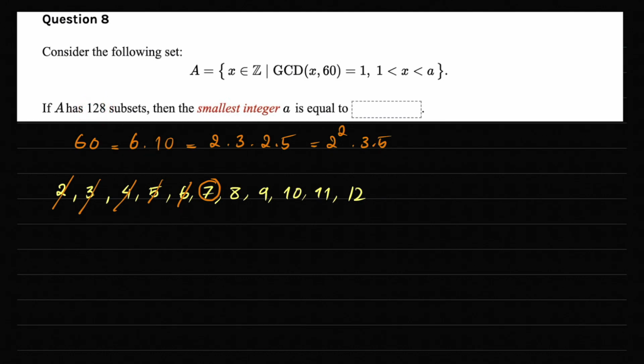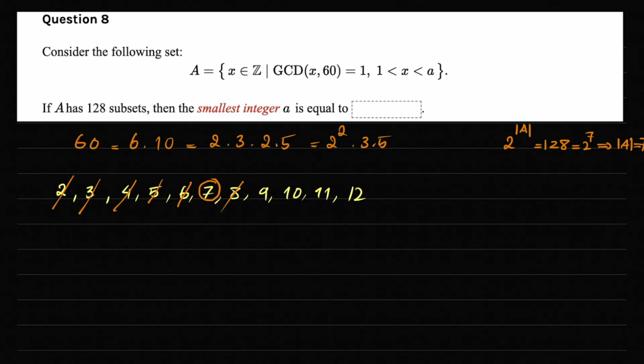They have indirectly told you how many elements are there in A by telling you that there are 128 subsets of A. So this means that the number 2 to the power of cardinality of A is 128. But this is just 2 to the power 7, so it means the cardinality of A is 7. So it means that I know how many elements are there, and I have found the first one so far. And then I continue this list.